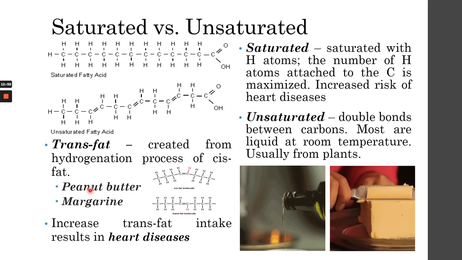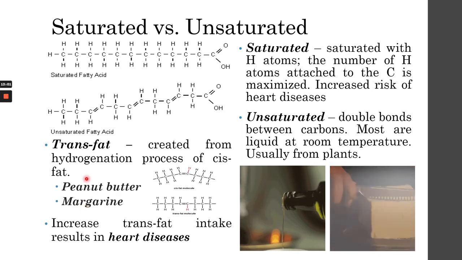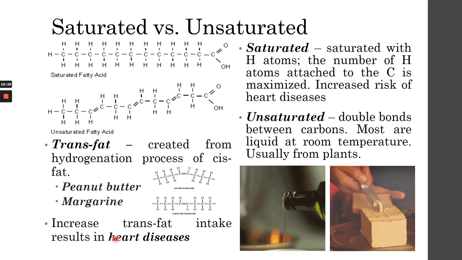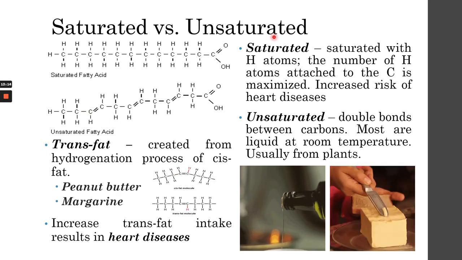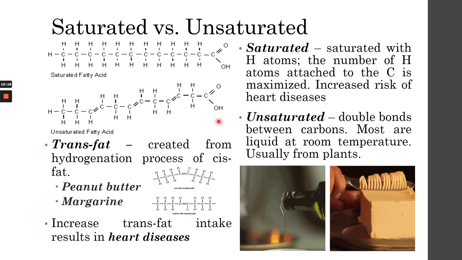No, I'm not saying all peanut butter and margarines are, but a lot of them are. Some of them are. Trans fat, basically eating it is not bad. It's just increased intake. Too much of it is very bad, but a small amount is not bad. Because ultimately, in the end, these are unsaturated fat. There's a double bond, and it's not as bad as saturated fat.